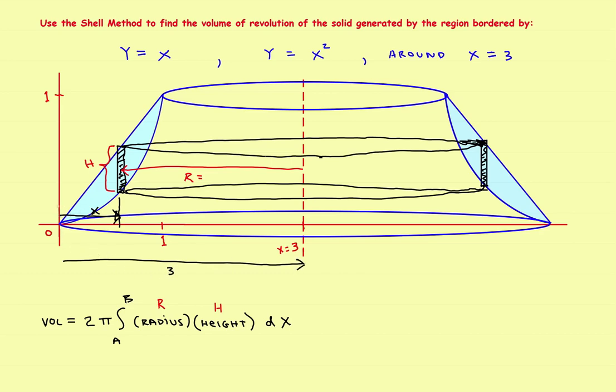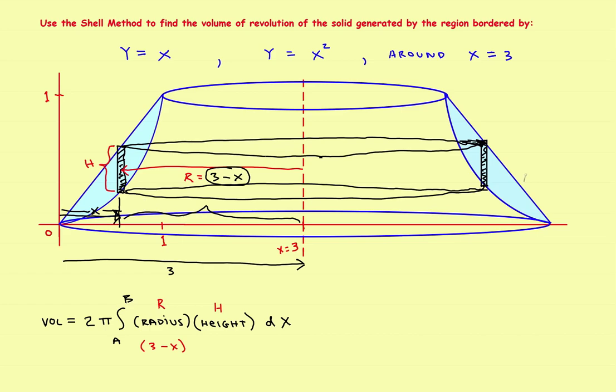So if this distance right here is x, and this distance right here is 3, then this remaining distance from here to here would be 3 minus x. So it's going to be 3 minus x, and that's going to be your radius. So again, the distance 3 minus the distance x will give you 3 minus x. So you now know that your radius for this particular problem is going to be 3 minus x. So again, you got to get it right off the picture.